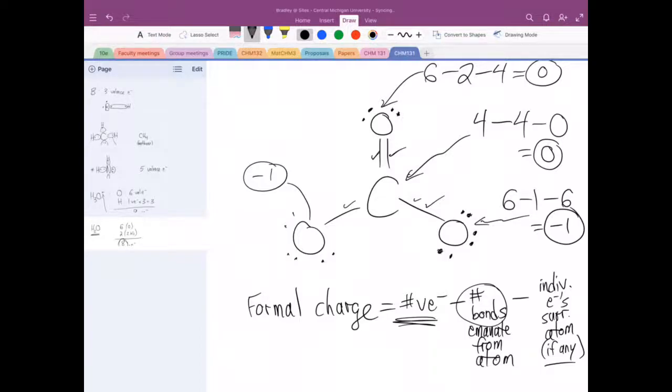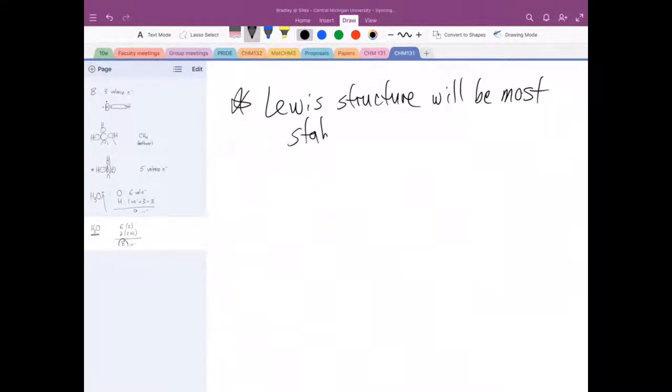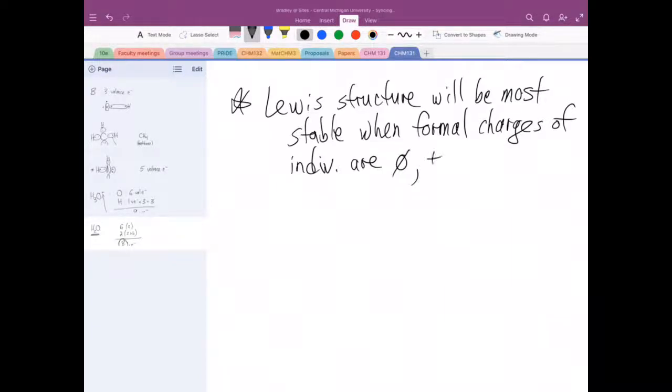Okay? So a pretty important rule is a Lewis structure will be the most stable when the formal charges of the individual atoms are 0 or plus or minus 1.